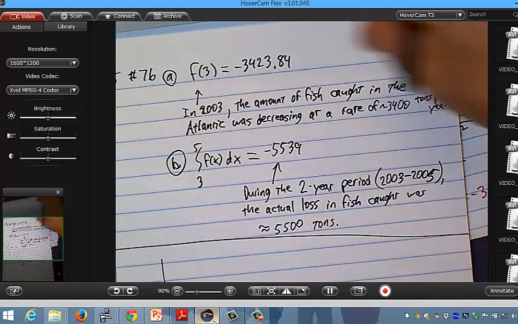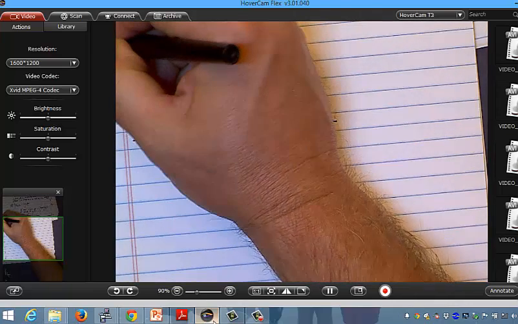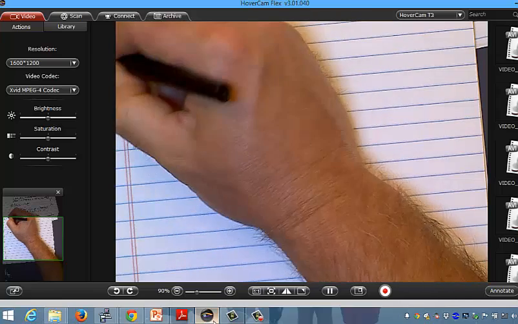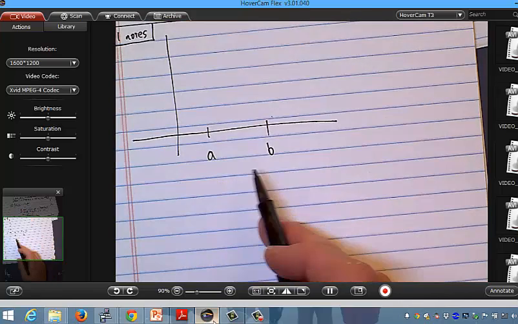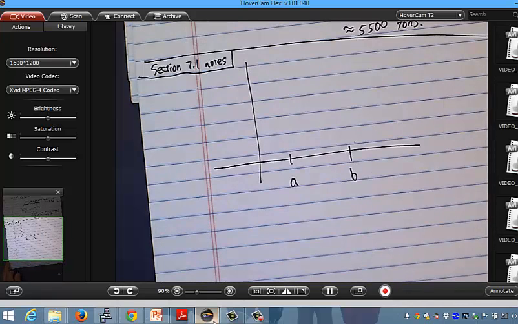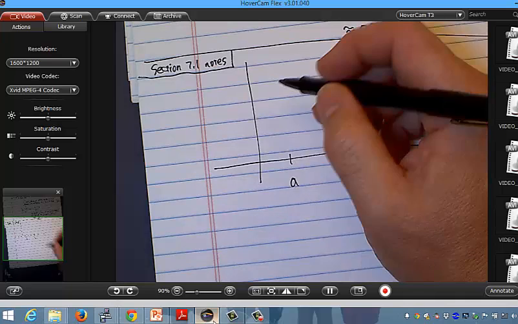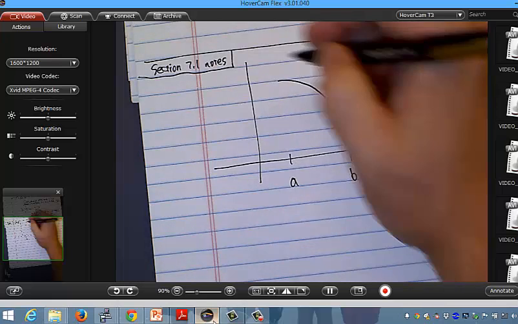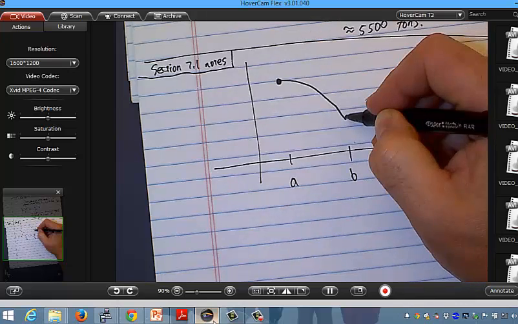Okay, so let me just go here, and this is going to be my section 7.1 notes. And so here's A, and here's B. And what I want you to do is draw some function. I don't care what, your favorite function. How about that? Right. For me, here's f of A, here's f of B.